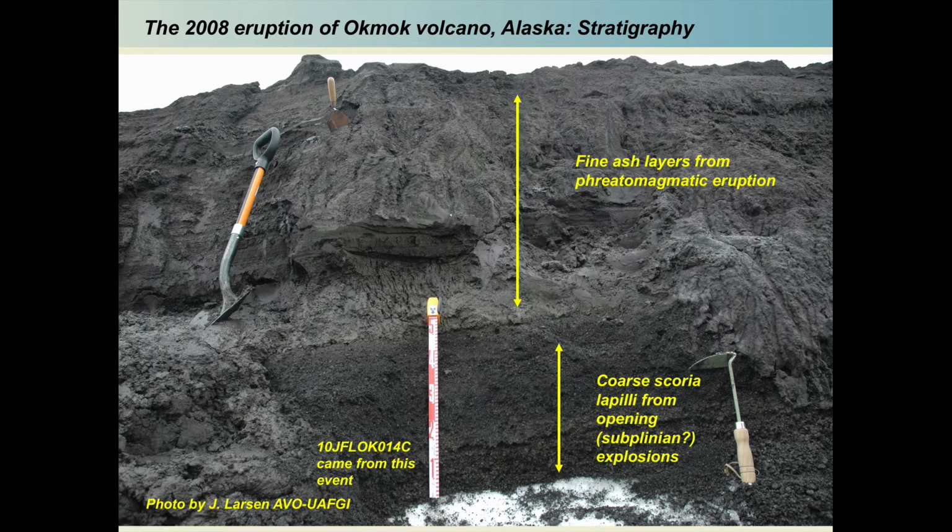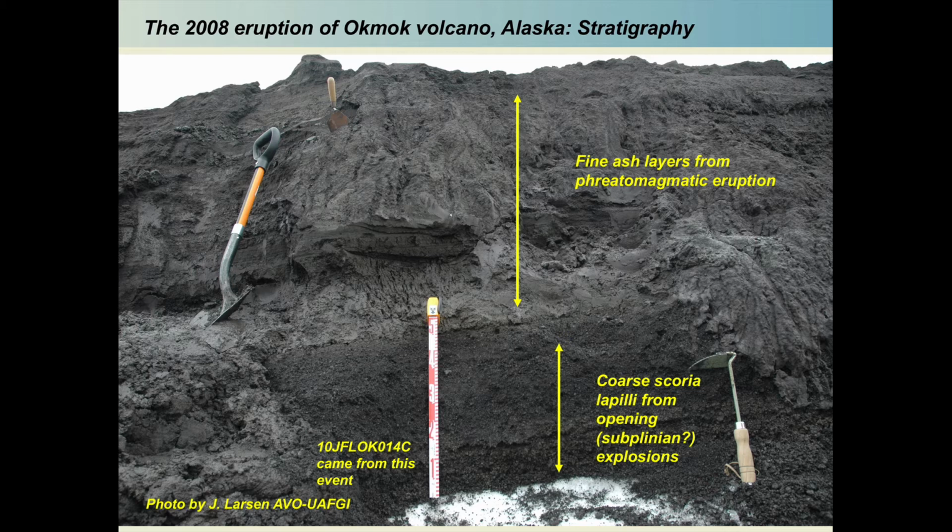We think it was maybe subplinian in eruption style. It was highly explosive, with a 50,000 foot ash cloud. After time, it still remained explosive, but settled down a little bit, and the ash cloud was kind of pulsating between lower elevations and 20 to 30,000 feet.